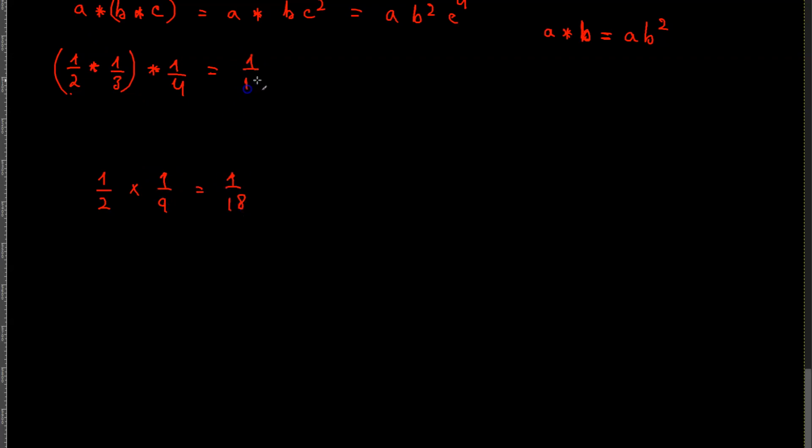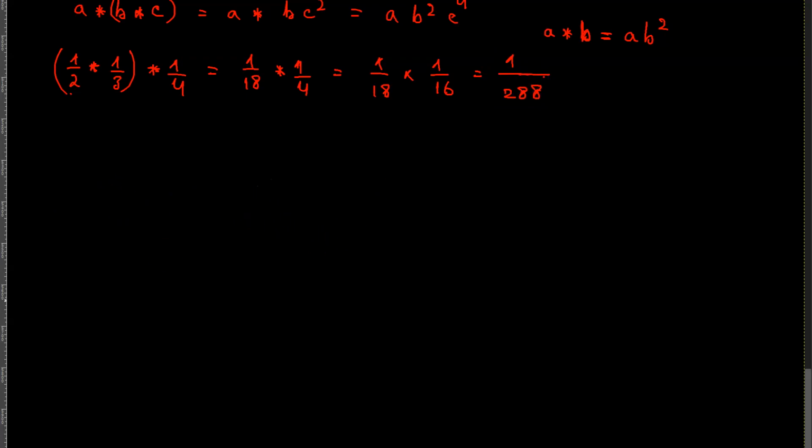So that is 1/18 star 1/4. And again, this is equal to the first number times the square of the second number. So that's 1/18 times 1/16, and 18 times 16 is 288. So 1/288.